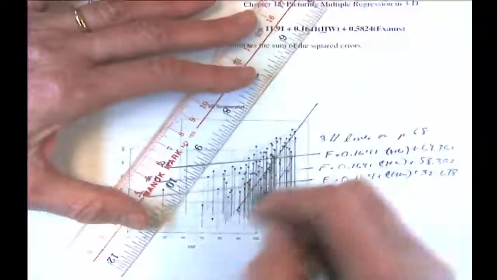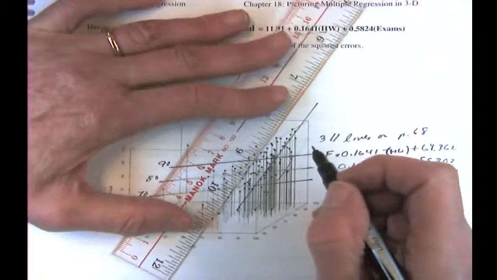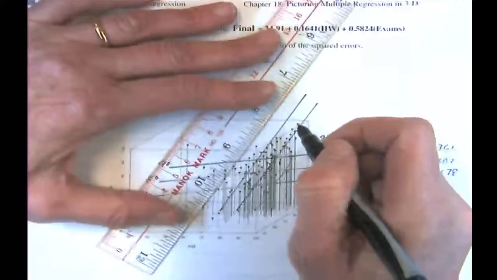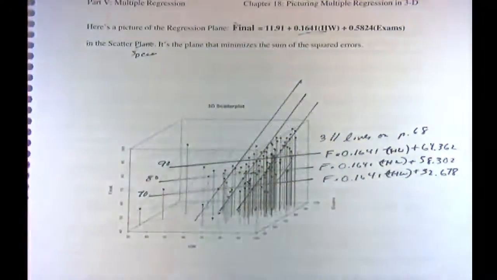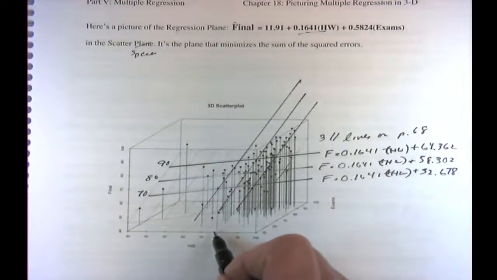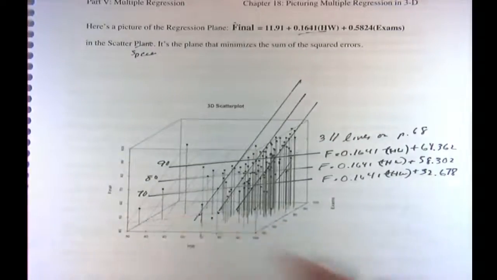Those are the people who got the 90. I'm just going to go down to the edge of the plane so as not to get confusing here. So these are the people who got the 90 when you drop down. These are the people who got the 80. I should have just gone down to here, and these are the people who got the 70. I extended it a little bit.